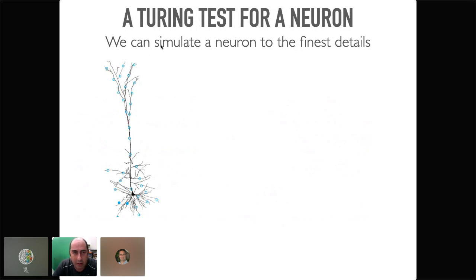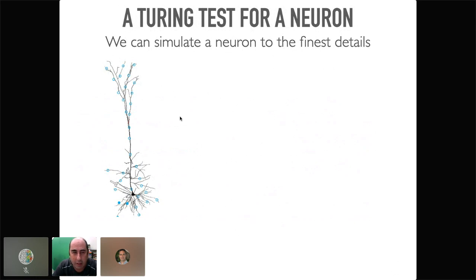And I like to think about it as a Turing test for a neuron, because after the work of many people, and recently a lot of this work was done by Itai, we have a very good model of neurons.